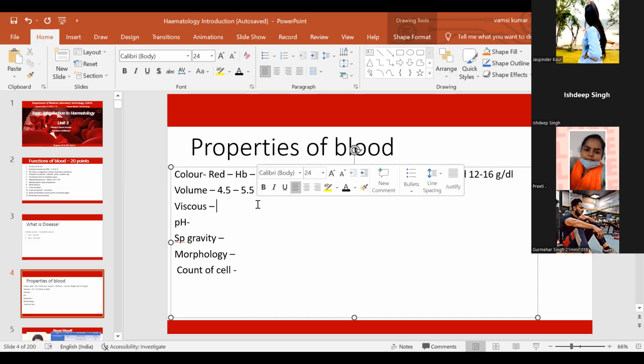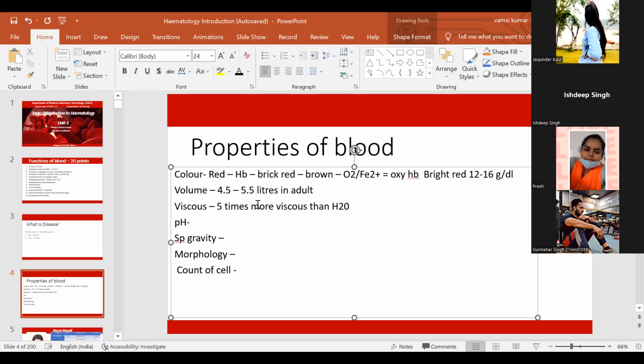But why do we say blood is viscous? Here we should compare blood with water. It is 5 times more viscous than water. Compared with water, blood somewhat looks viscous, but it is not a true viscous fluid.